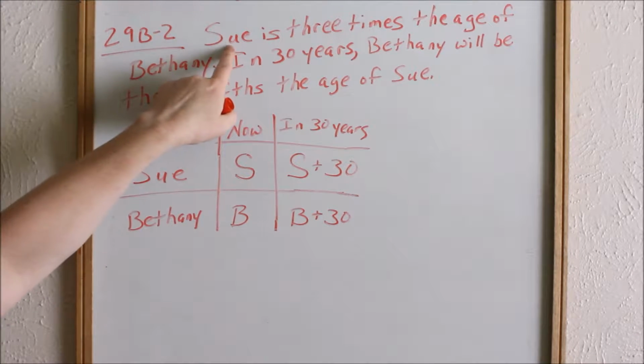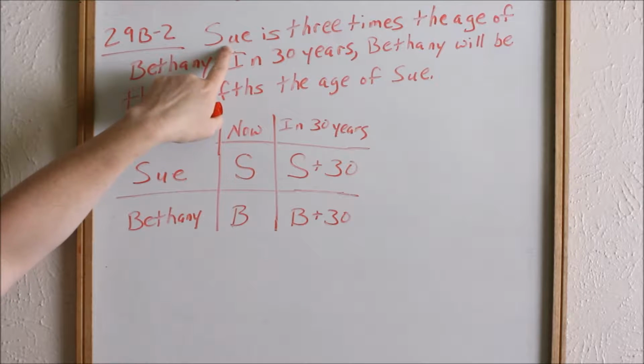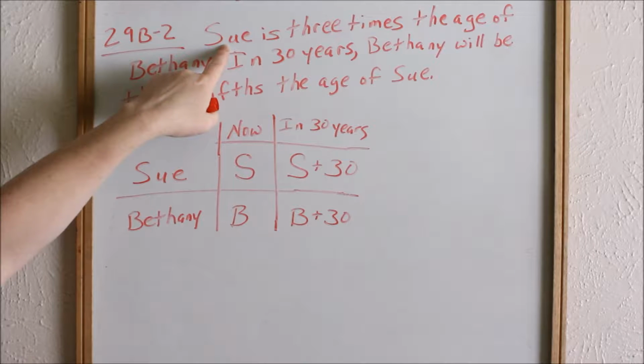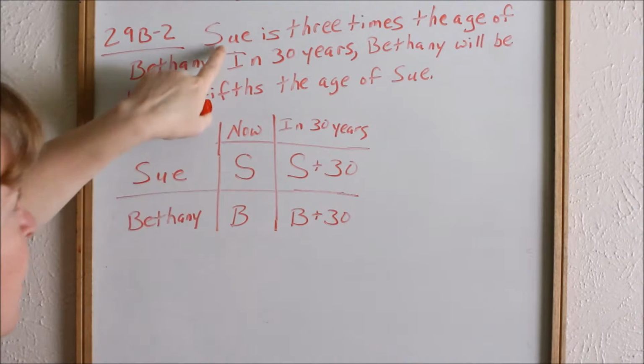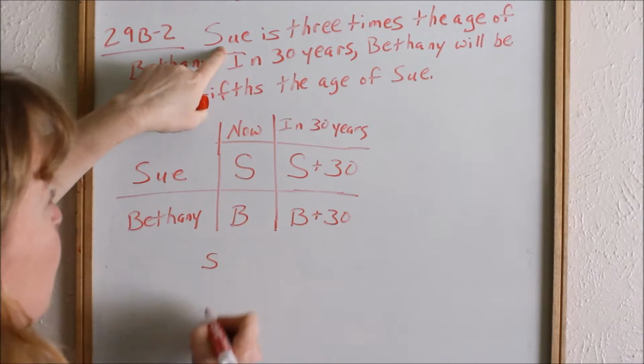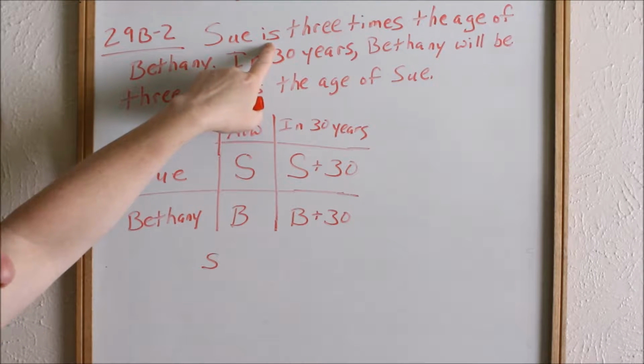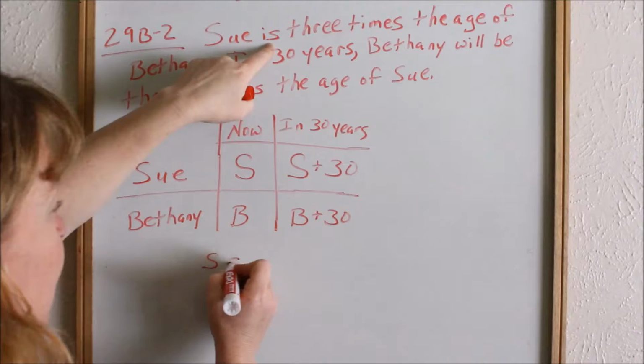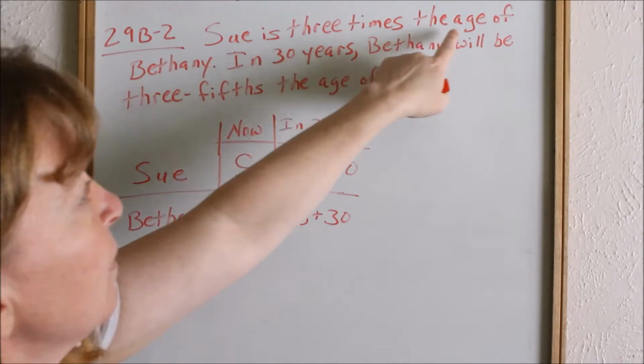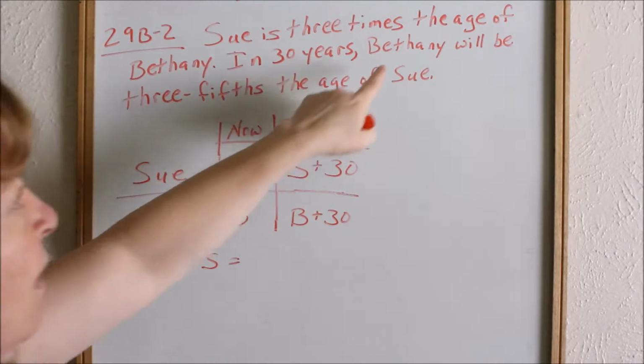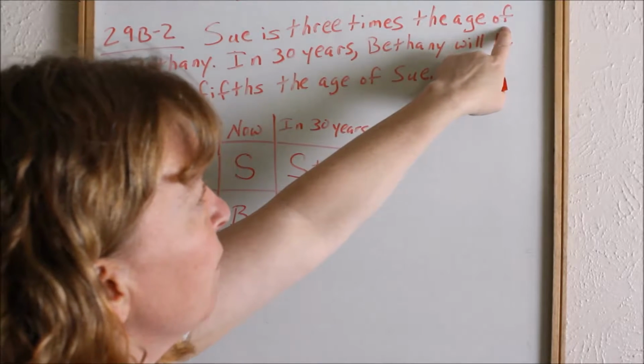Okay? Sue is. What are we using? We know that this sentence represents present time. What are we using to represent Sue's present age? S. So, Sue is, what does is translate to in math? Equals 3 times the age of Bethany. 3 times of Bethany.